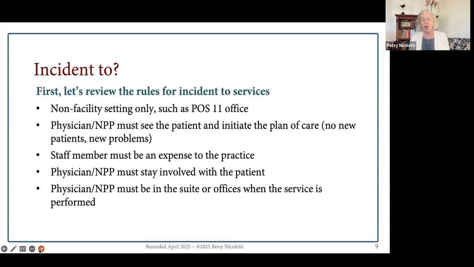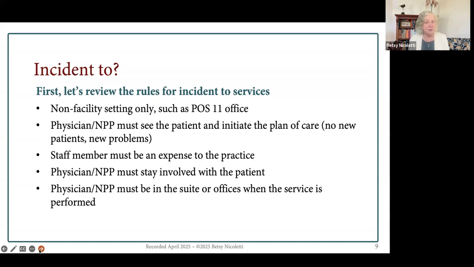So we know that knocks off new patients and new problems. Many consultants say, and some of your MACs will say, that if you're changing the diagnosis or the treatment plan, you can't bill incident-to. That's not described in the Medicare manual, but again, look at your MACs to see what they say.